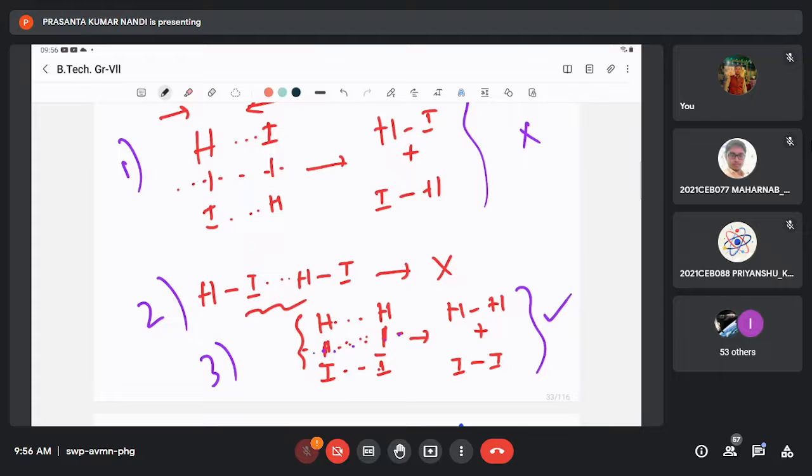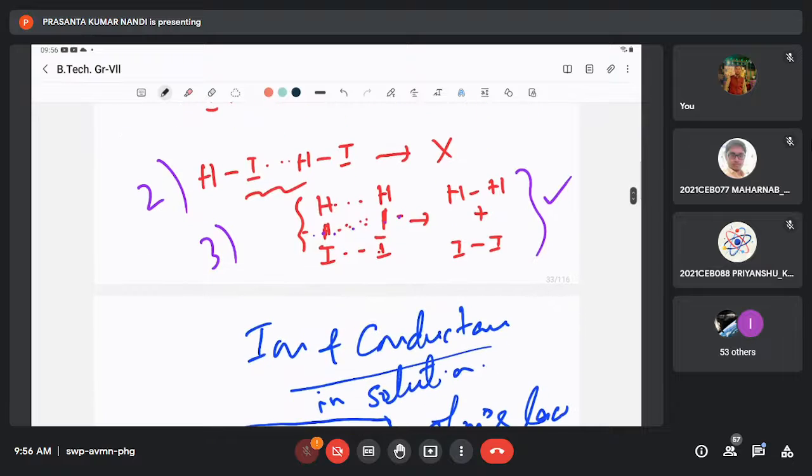There may be several other types of collisions that I have not mentioned here. So out of the several possible collisional orientations, only a particular orientation will lead to the desired products H2 and I2.